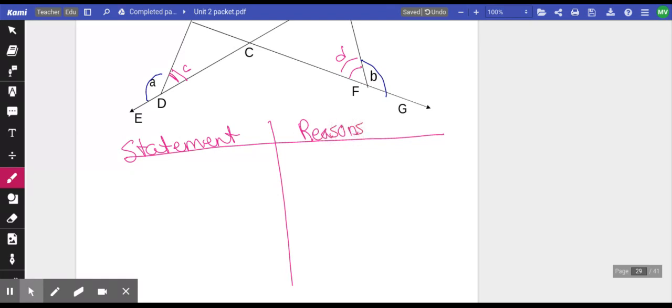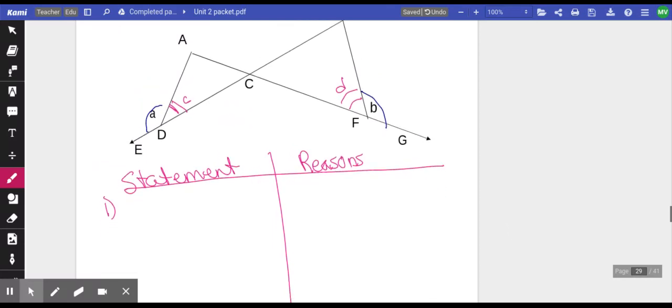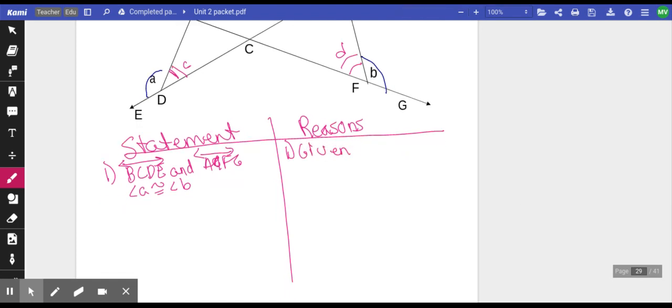And my first statements are always my givens, which is, let's see, BCDE and ACFG, and that we know angle A is congruent to angle B. So then we also know that angle A and angle C are supplementary.